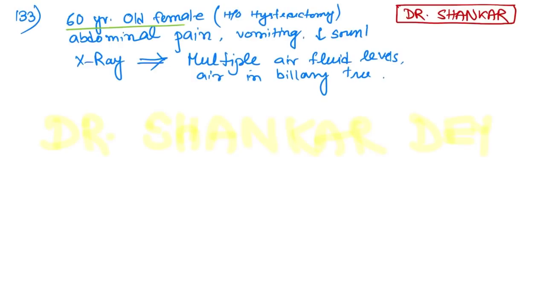I think an option of exaggerated bowel sound was there. So features of intestinal obstruction. Along with X-ray, there were features like multiple air fluid levels and air in the biliary tree region. So this is suggestive of gallstone ileus.